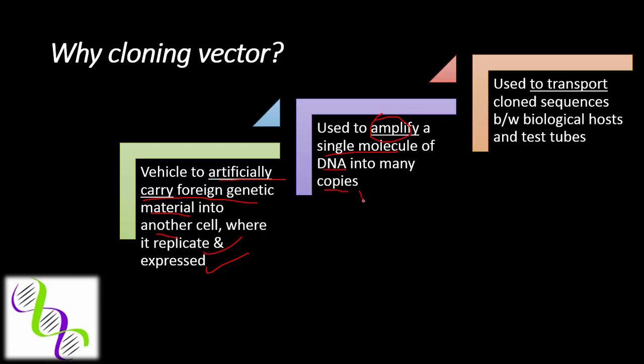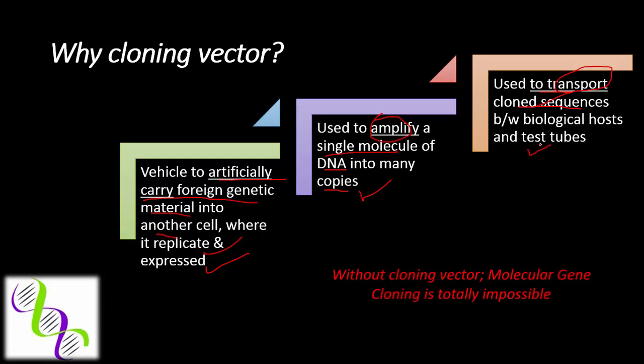They will clone our desired gene of interest into hundreds of thousands of copies. They are also used to transport our cloned DNA sequences between biological hosts and test tubes. So cloning vectors are of main importance. Without cloning vectors, molecular gene cloning is completely impossible.